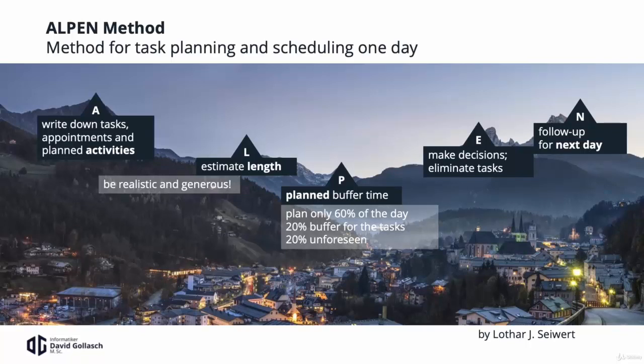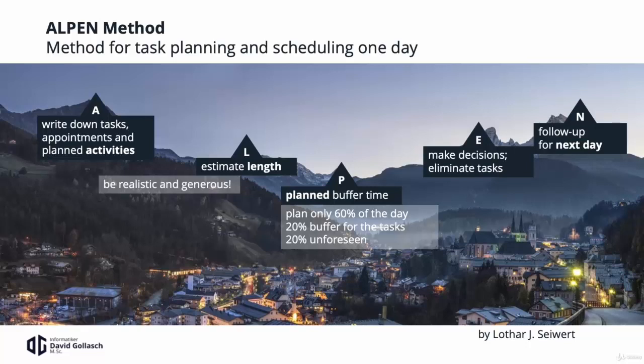Maybe you make this one single time slot that it takes today. So you have to start with a follow-up of the current day, and then you plan your next day based on this ALPEN method again. So that's basically the ALPEN method. So 5 steps here.